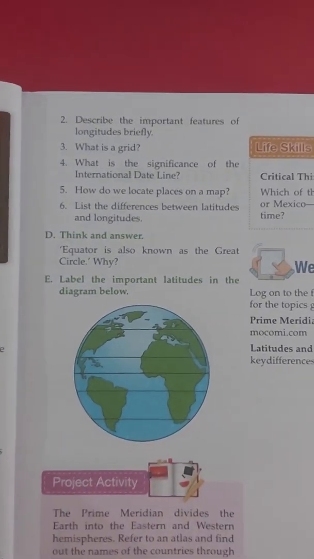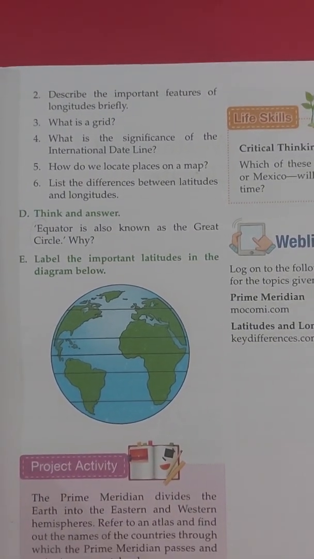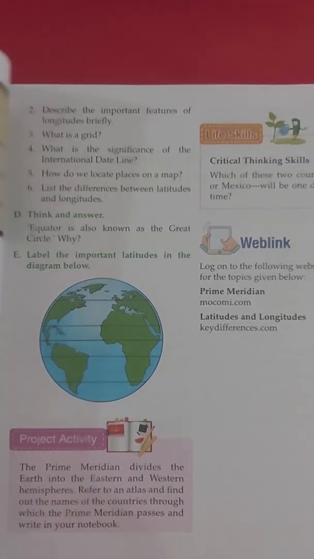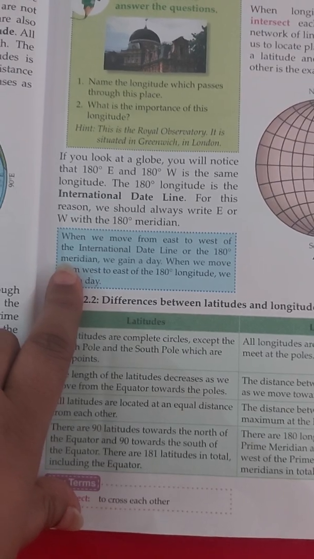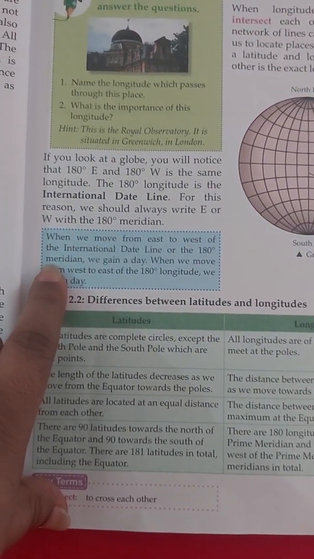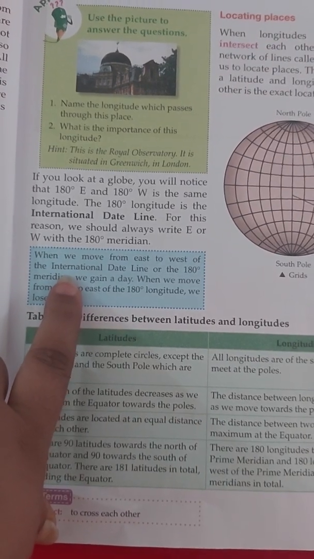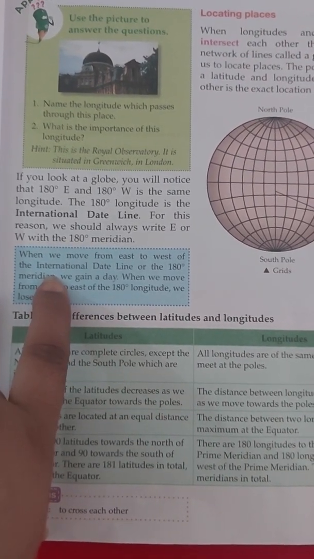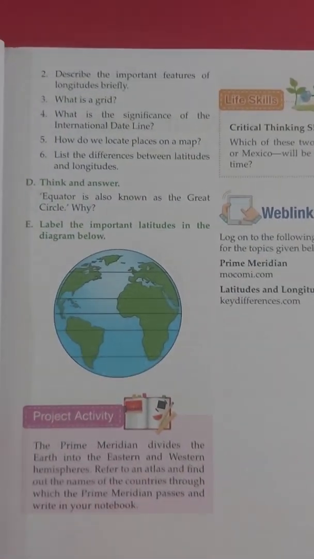Then question number 4, what is the significance of the international date line? For this, you can go to the blue color box on page number 9. This is the significance of the international date line, answer number 4. Next is question number 5.